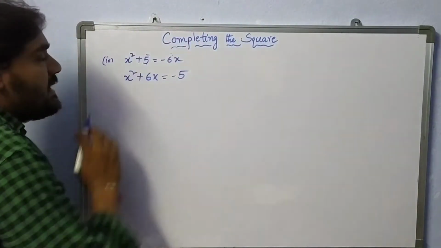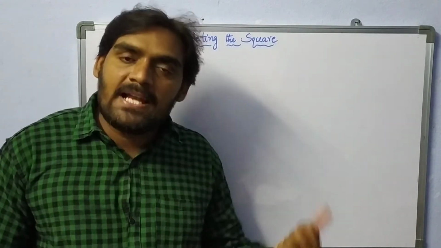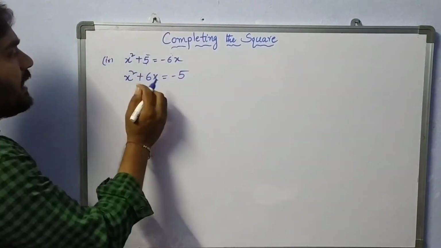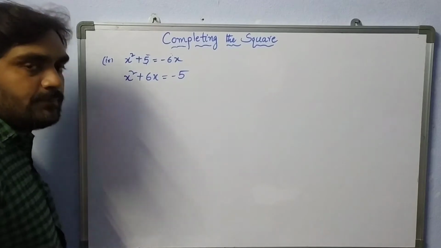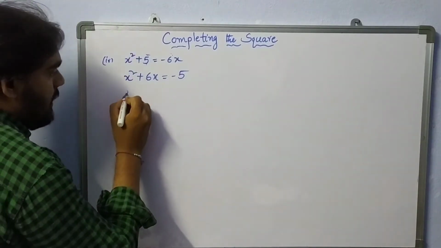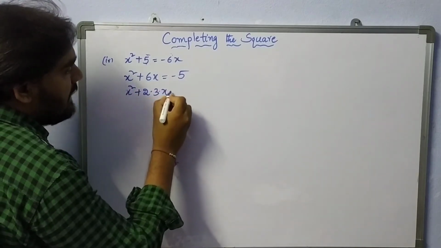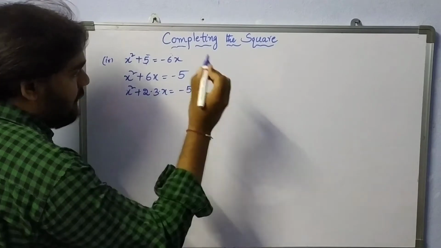If we are unable to split this, we need to multiply and divide by 2. So here we can write 6x as 2 into 3 into x.